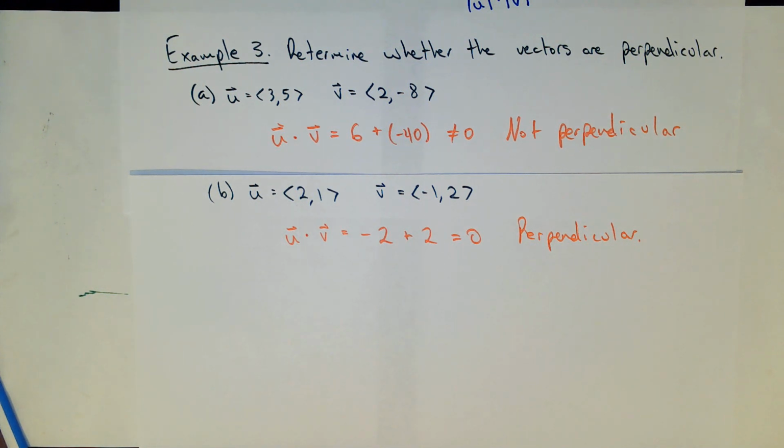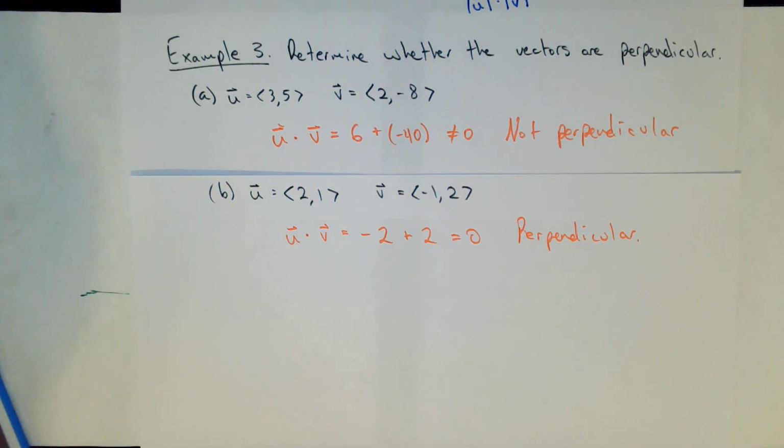Now the rest of the section gets into projections and things, components of vectors along other vectors, and then some applications from physics. But this is as far as I want to go in with vectors. So this is the last bit of material for the whole, well, it's actually not.